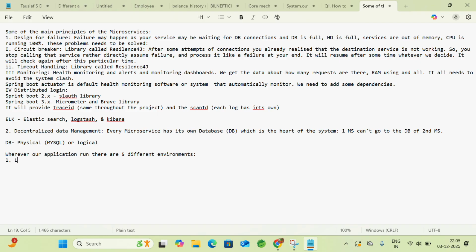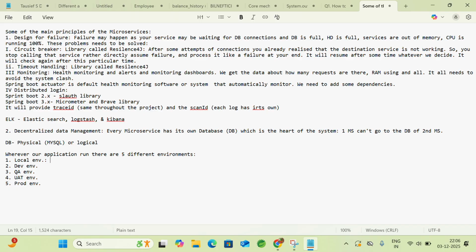One is the local environment, second one is the dev environment, third one is the QA environment, fourth one is the UAT environment, and the fifth one is the production level environment. Now, what does all this mean?